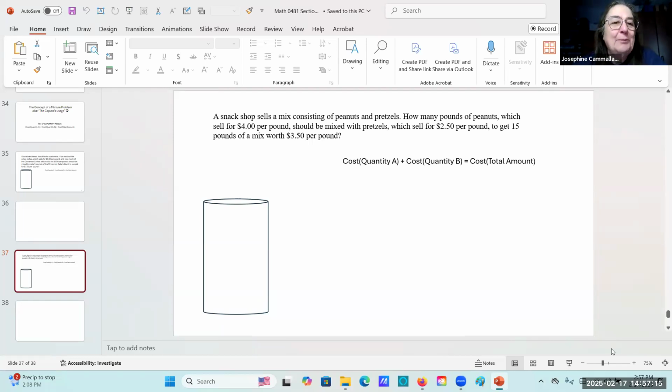Here's the last problem. This is talking about a snack shop. And again, this is one of my lovely Caputo problems because, as I told you, food, if it's wasted, has to be thrown out. And companies who buy in bulk, Caputo's is an example, Fresh Market, there are others that buy in big barrels.